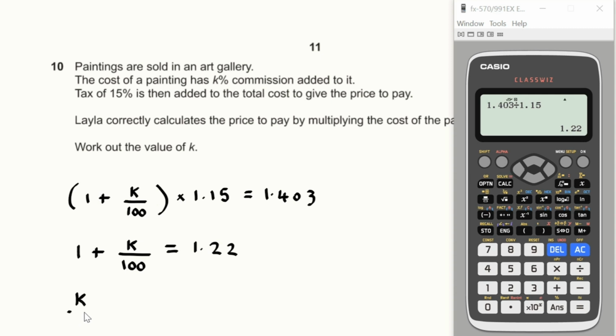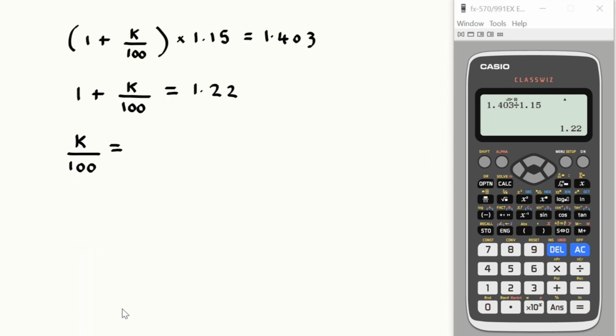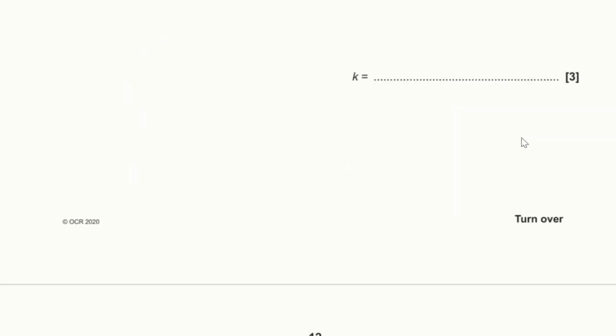K over 100 is equal to this amount minus 1, which is 0.22, and therefore K is equal to 0.22 multiplied by 100, which is 22. And so therefore K is equal to 22.